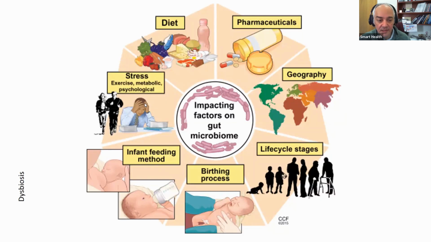And then there is stress and diet, which have a high impact on the balance of the microbiota. There are also the pharmaceuticals and medicines that we take. Geography is important, and also the life cycle stages, I mean the aging process, which impacts the balance of these microbiota. But today we are going to focus on diet.